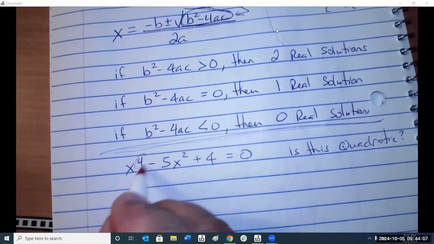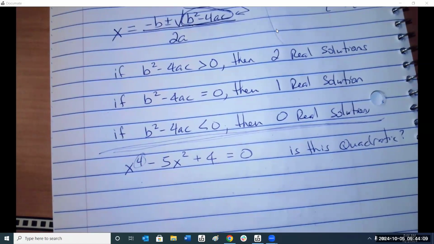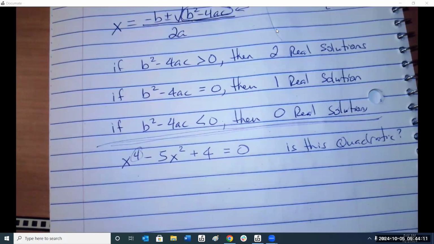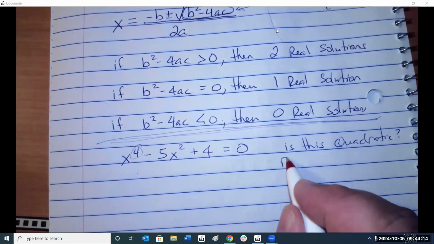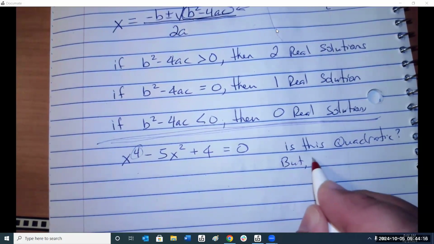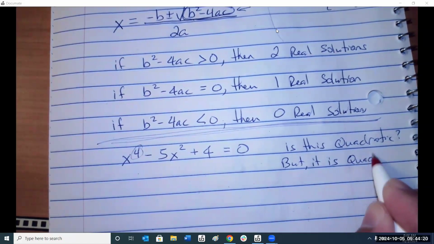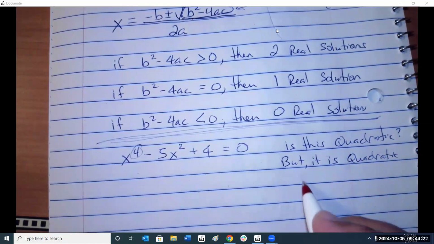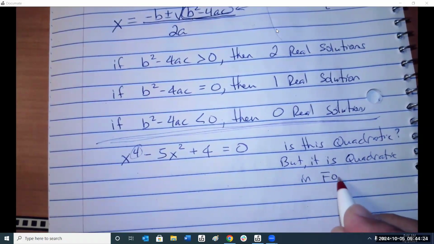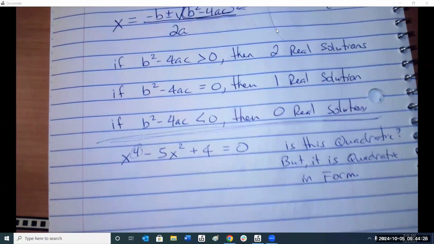Well, clearly no, it's a 4. And the quadratic has to have a power of 2. But it is quadratic in form.